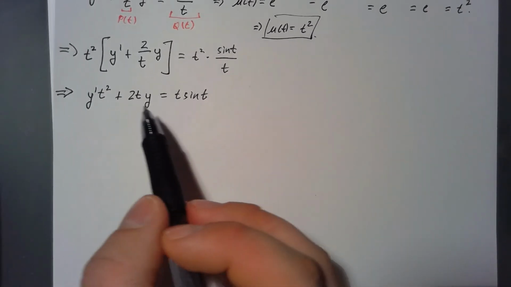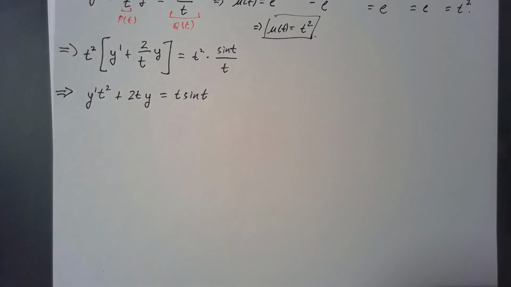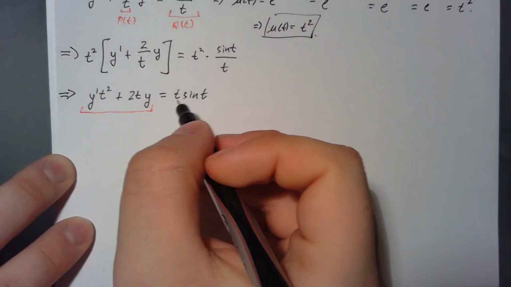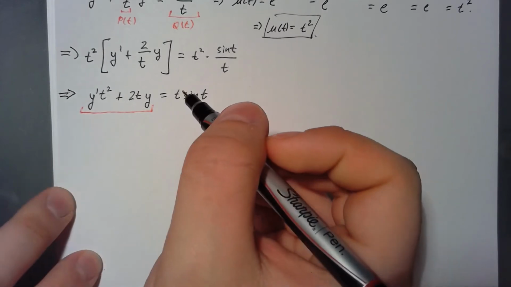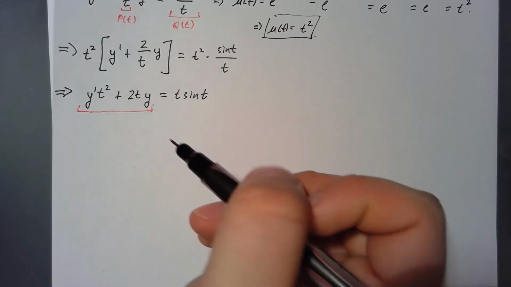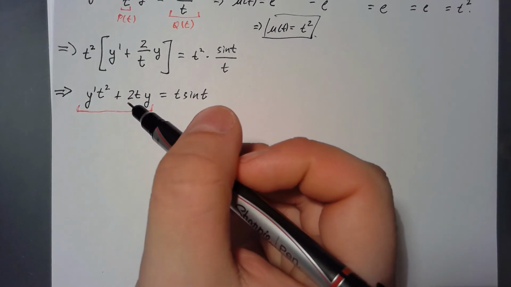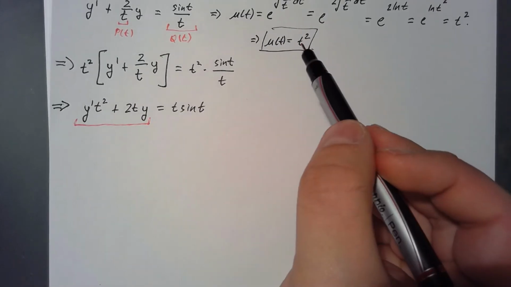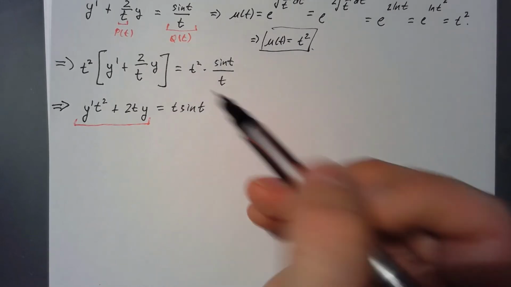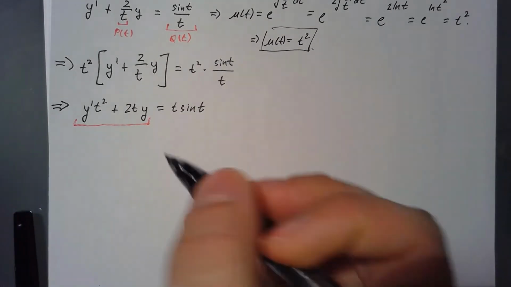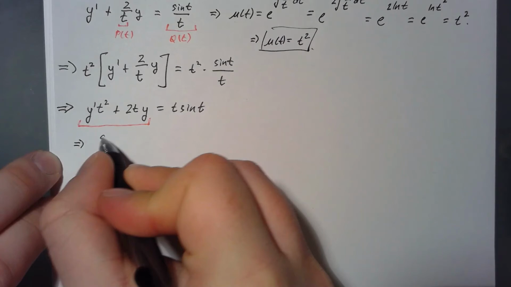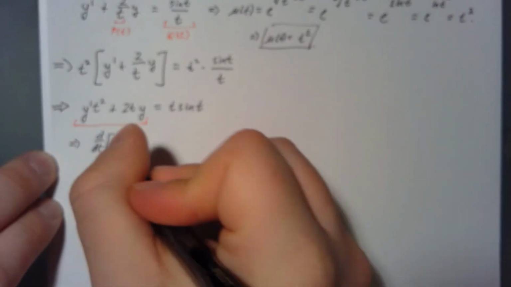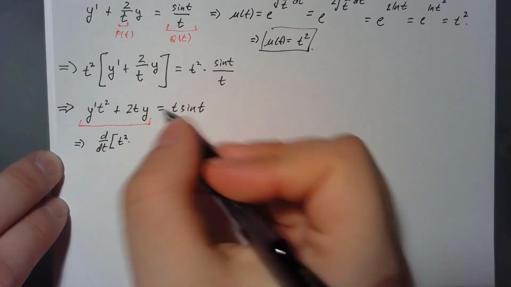So again, what is on the left-hand side here? Provided I did my work correctly, and I think I did, what should be on the left-hand side here? This is the product rule between what two functions? The integrating factor and y. So I'm going to write that as the derivative of the integrating factor times y.